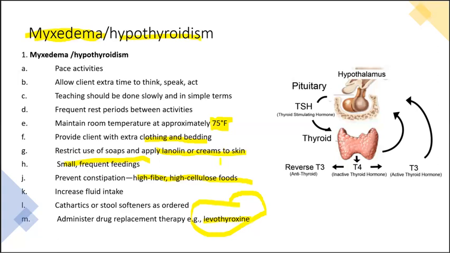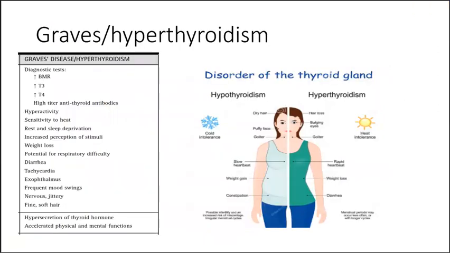So let's look at the opposite extreme of hypothyroidism or myxedema. So remember, hyperthyroidism is a condition in which an overactive thyroid gland is producing an excessive amount of thyroid hormones that circulates in the blood.